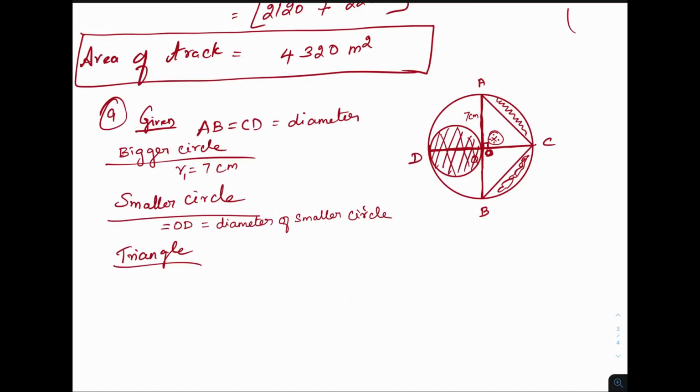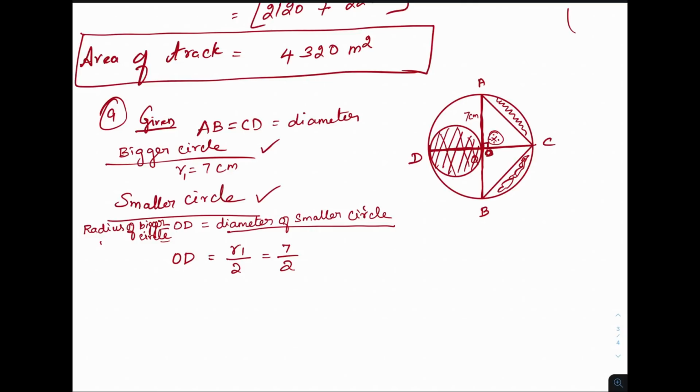But this OD is equal to the radius of the bigger circle. OD is actually the diameter of the smaller circle, but the radius of the bigger circle. So we can take OD is equal to R1 by 2, that is 7 by 2. Now we know the radius of the bigger circle as well as the smaller circle.